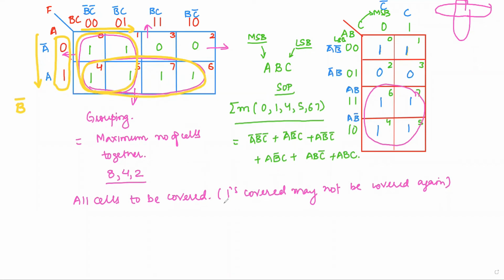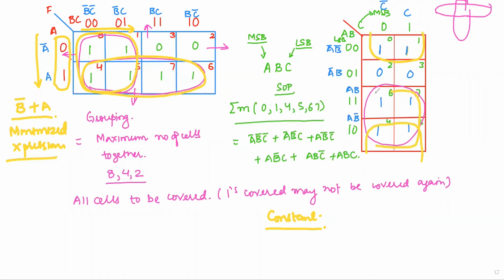The only thing is we always write which are constant. So here you can see this is constant. So A. So your grouping is B bar plus A. So this is your minimized expression, or SOP.